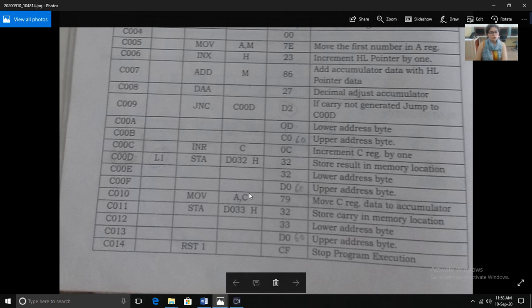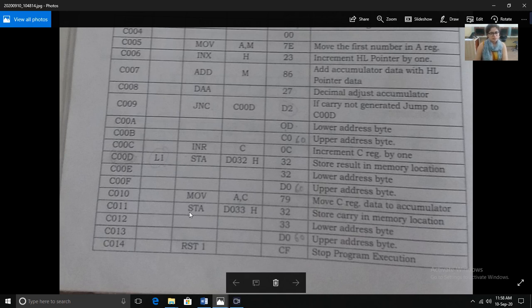Now the next instruction: we also have to store the carry at some other location. For this we have to use the STA instruction, store accumulator, because the carry is in the accumulator. We have to store that content in the next memory location. We have stored the result on 6032, so the next memory location after 6032 is 6033. So we can store the carry at the 6033 memory location.